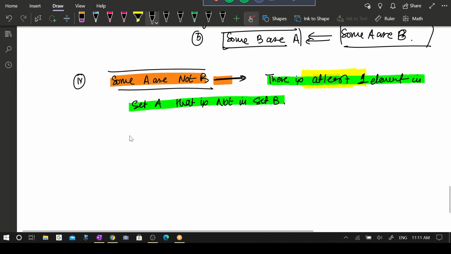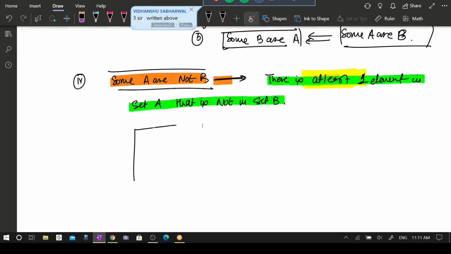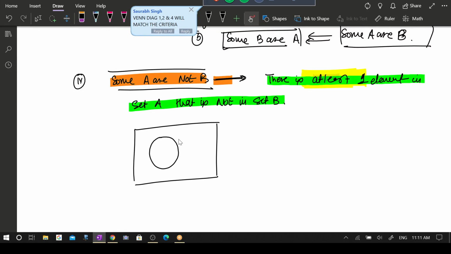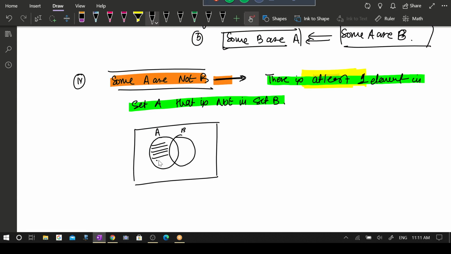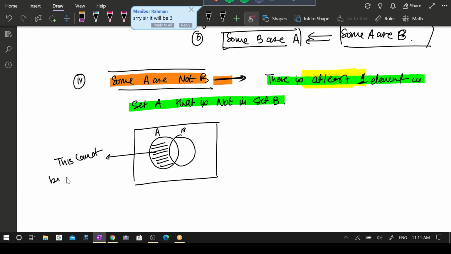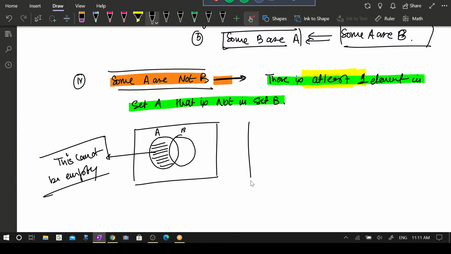Some A are not B. Yes, the answer is three, good Vidanshu. Very nice, Saurabh. With A and B, basically some A are not B means this portion should not be empty. This portion cannot be empty.